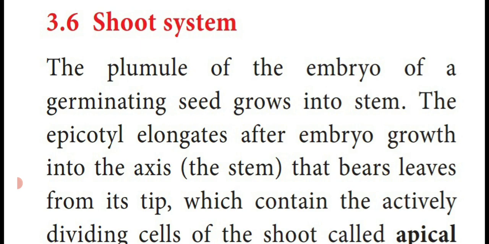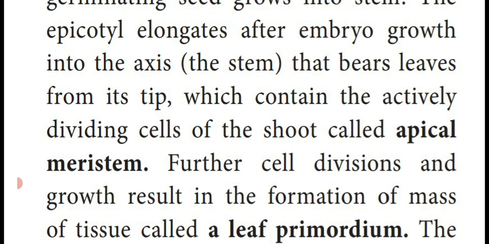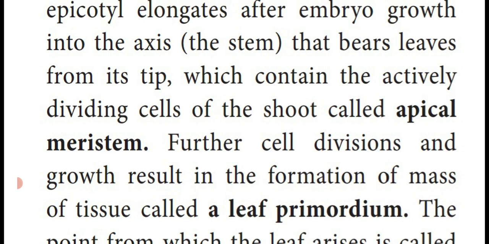So the shoot system forms the main axis that bears leaves, and the shoot system consists of apical meristem at the tip, where the cells are actively dividing and give rise to a shoot system in the plant body.